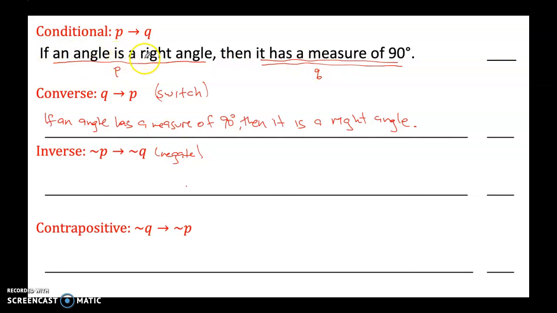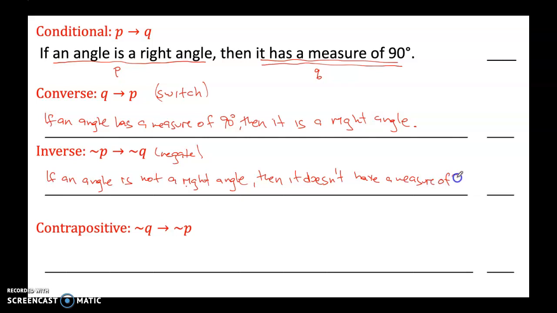So if an angle is a right angle, the negation will become: if an angle is not a right angle, then it doesn't have a measure of 90 degrees. So that will be our inverse.